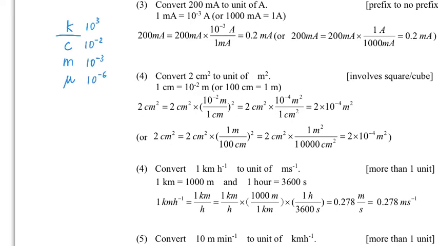This indicates that 1 km is equal to 10 to the power of 3 meters, 1 cm is equal to 10 to the power of minus 2 meters, 1 mm is equal to 10 to the power of minus 3 meters, and similarly 1 mu m equals 10 to the power of minus 6 meters.